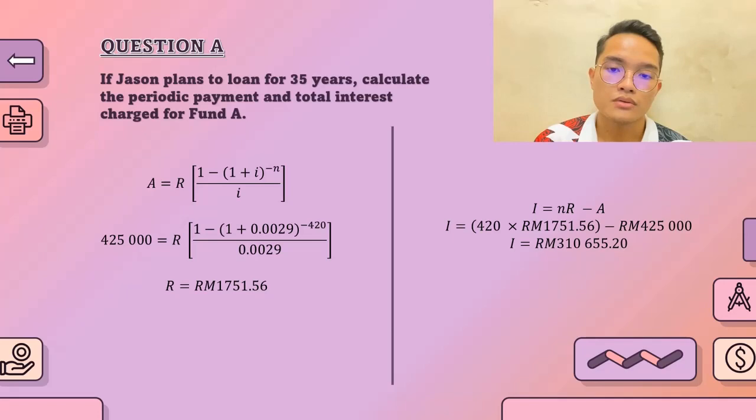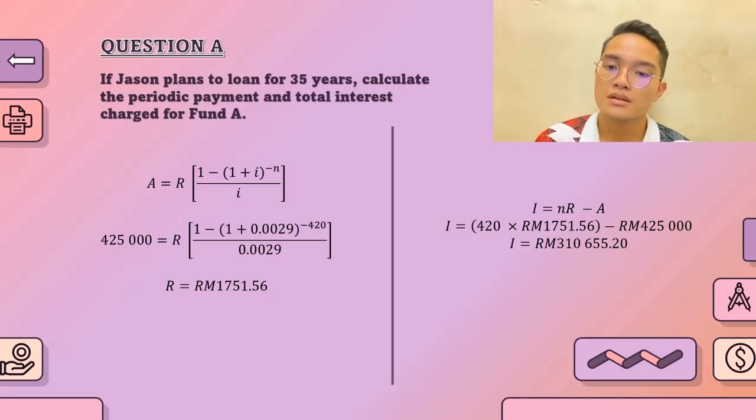After the subtraction, we use 425,000 ringgit for the calculation. So the answer for this question is R equal to 1,751 ringgit and 56 cents.